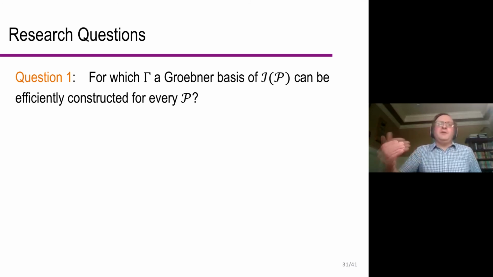So people have always been wanting to find a Gröbner basis. That's the way to go in this case. So the question is always, for which gamma is it possible to find a Gröbner basis efficiently? For instance, for which gamma is it small?